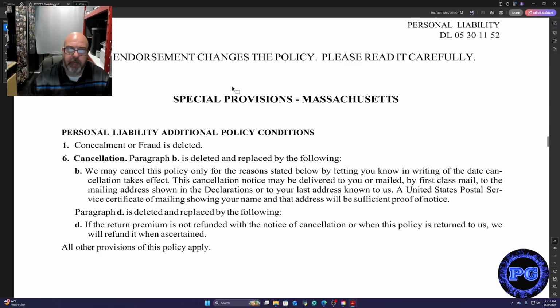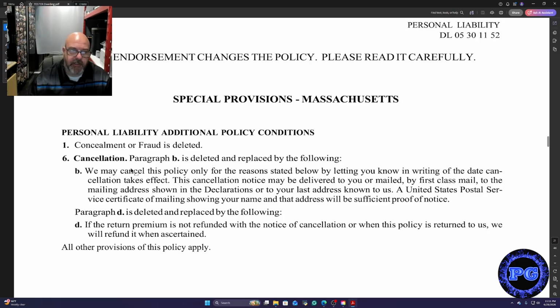This is where they endorse. See how it says the endorsement changes the policy? Please read it carefully. When you go to the actual policy, it'll say something like concealment or fraud is deleted. Cancellation paragraph B is deleted and replaced by the following.